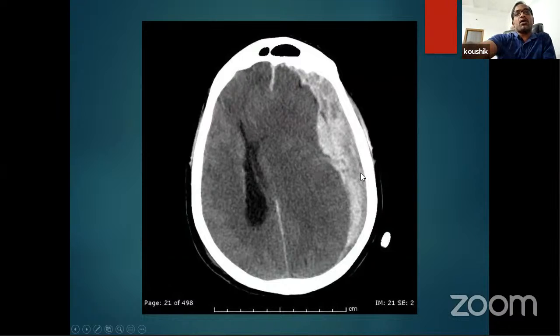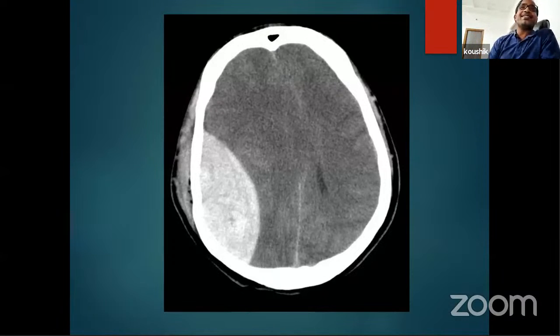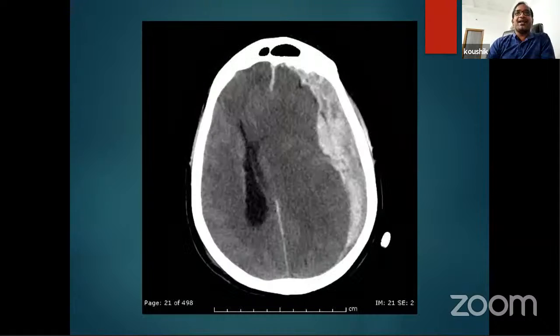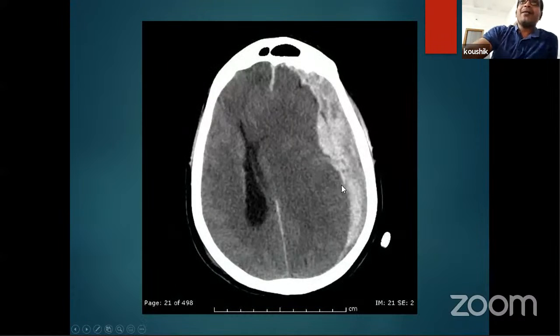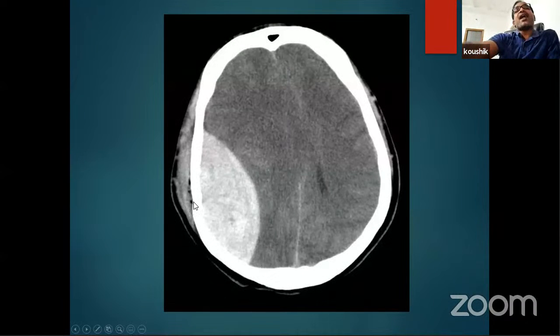So convexo-concave. I usually used to have the doubt, why is EDH biconvex and why is subdural hemorrhage convexo-concave? Later on, I found out EDH is an arterial bleed. An arterial bleed usually has high pressure, so it will create a mass effect and give a convex structure like this.